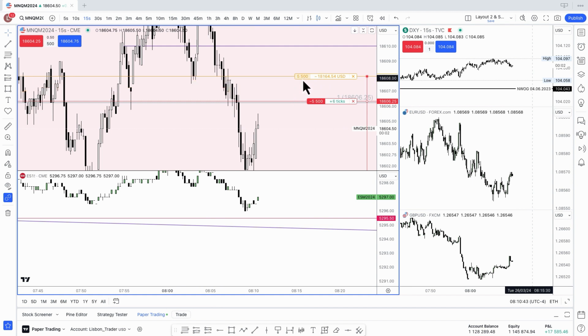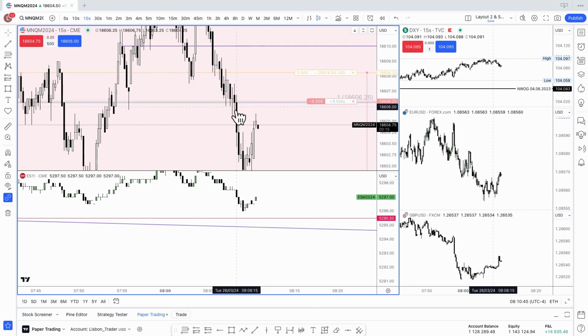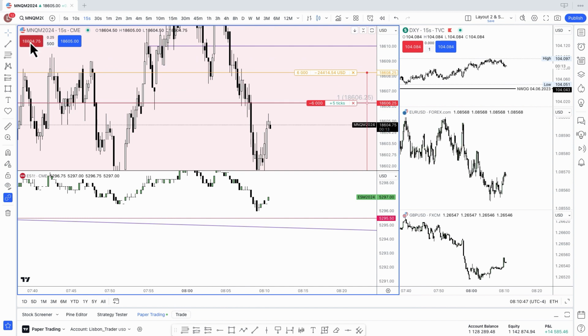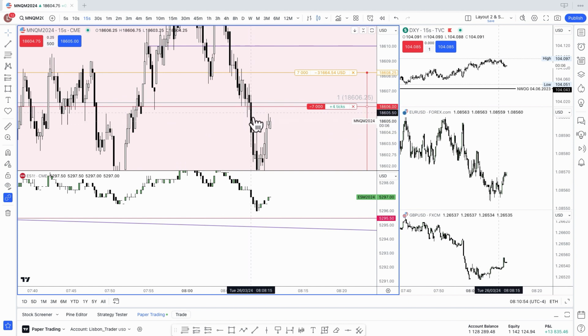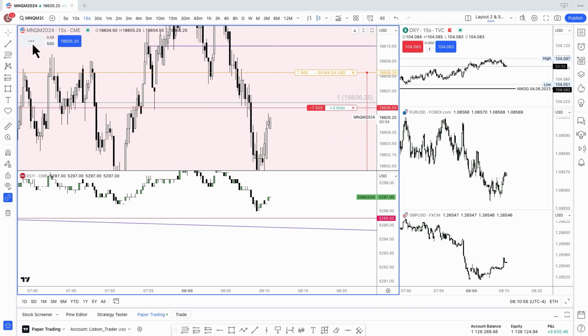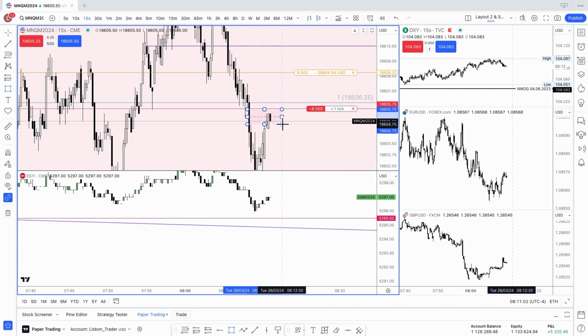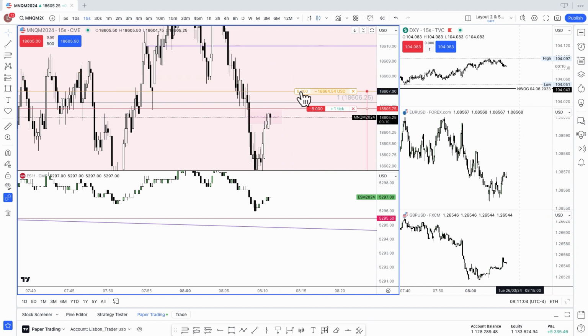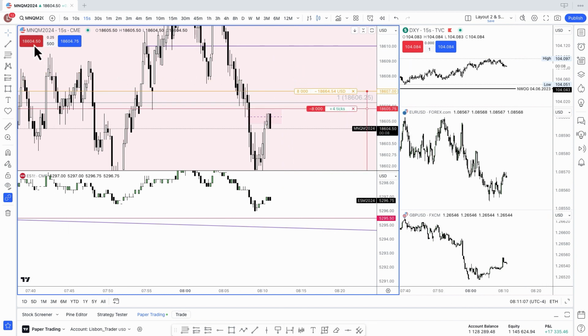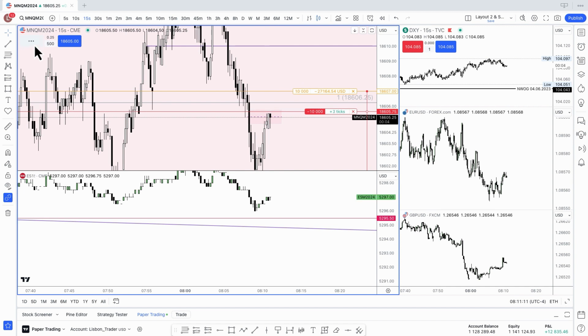Let's build a 50k position. Entering on this fair value gap with the short. 15 seconds. Hopefully it will reject. Keep on selling inside there. 50k.